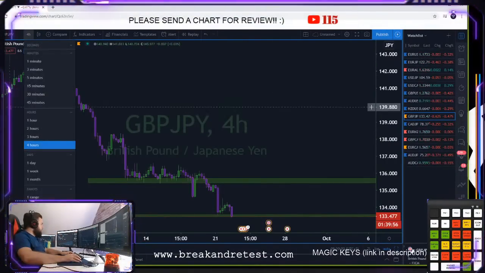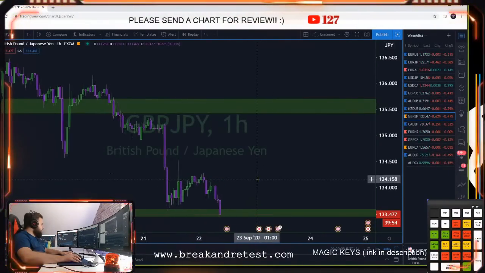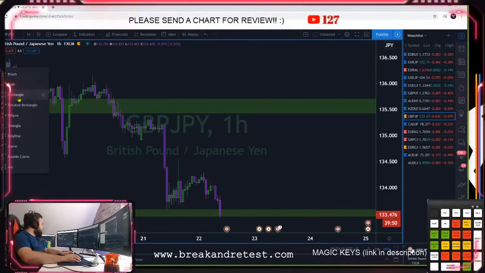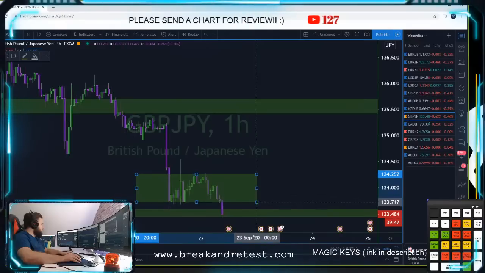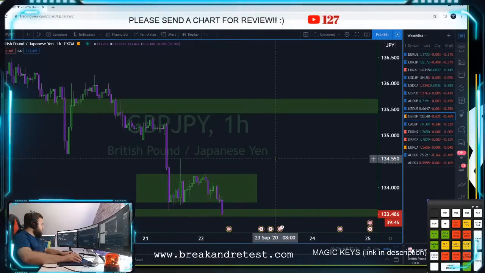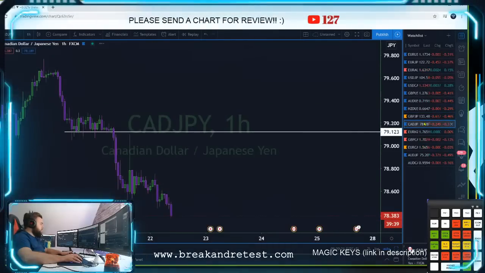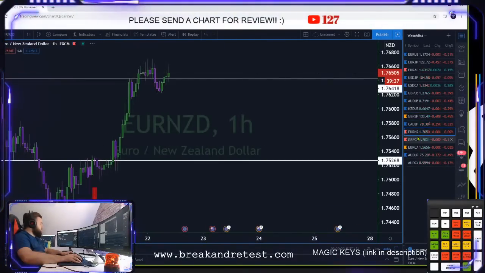GJ, some continuation. It only did a small consolidation box before continuation. Can we take the retest? I think maybe we can. Plenty of rejections. We'll see what's going to give us later on.